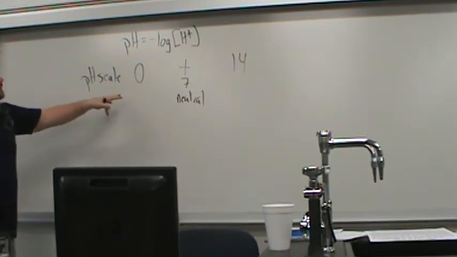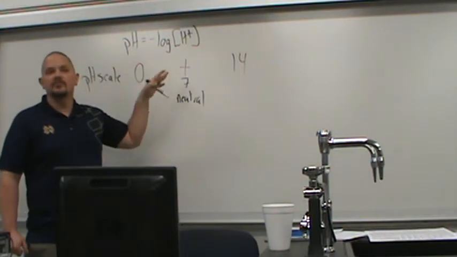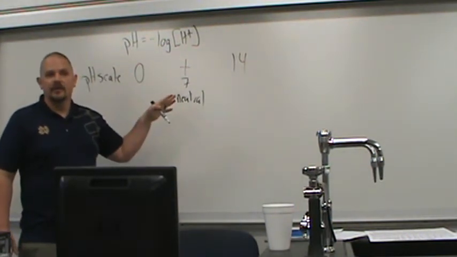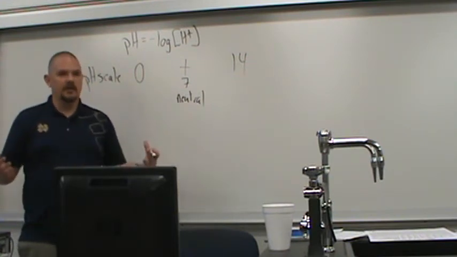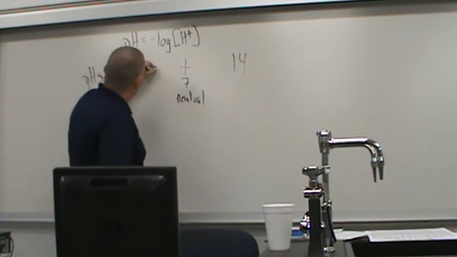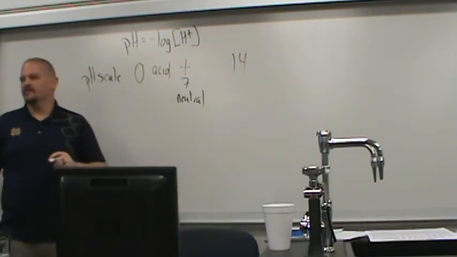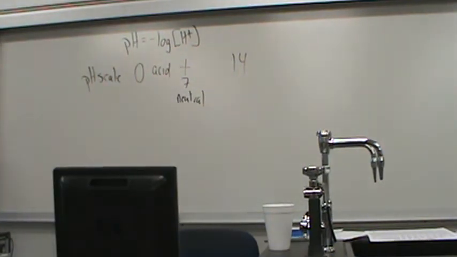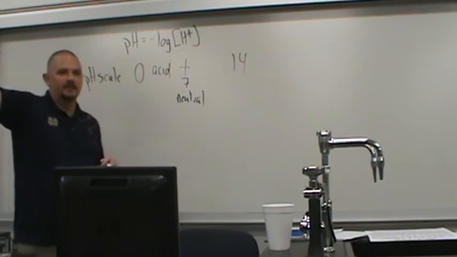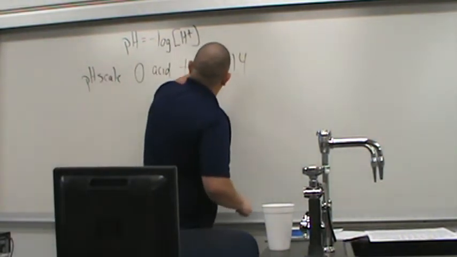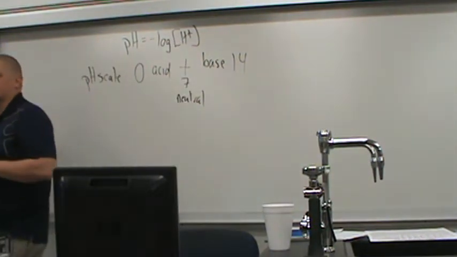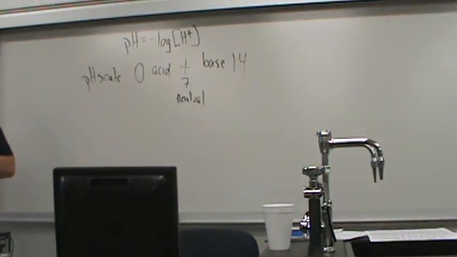Anything that has a pH from 0 up to, not including, 7, so it could be 6.999999999, it would still be considered an acid. Anything higher than 7, all the way up to 14, is considered to be a base. Okay? Any questions there so far?